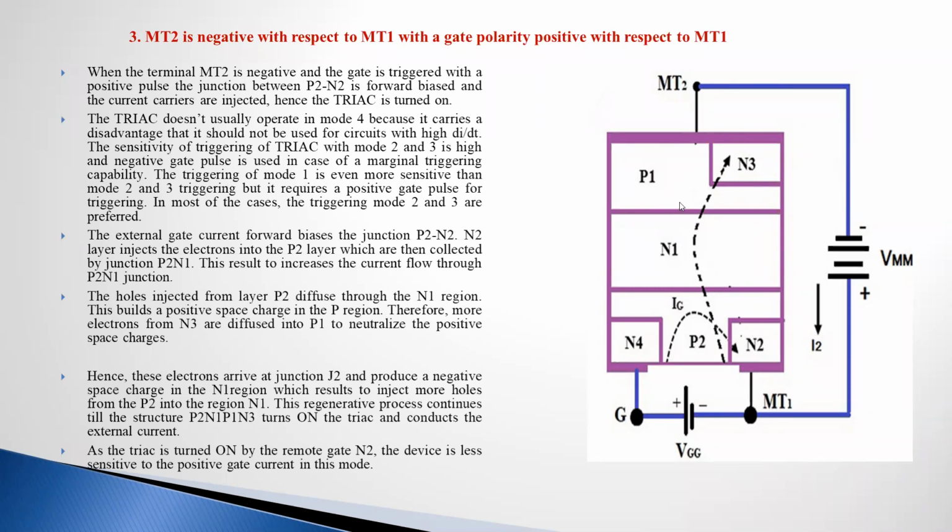When the depletion layer is totally finished, the path is provided to flow the current from MT1 to MT2, like this: positive, P2, N1, P1, N3 and MT1. Here the terminal is connected between P1 and N3. Clear? P1 and N3. This is the method to turn on the triac. This is the third mode to turn on the triac.